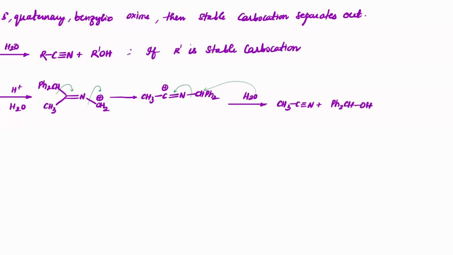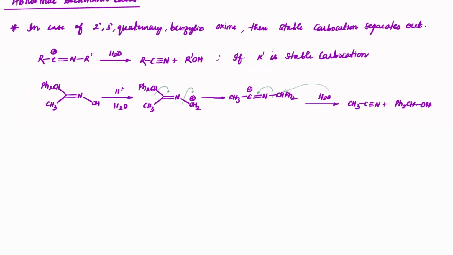This is the connection you will get. Of course, you can make it a separate carbocation and then write down the water content. Clear? So instead of showing it this way, we can expect that the bond will break here, cyanide will form, and this group will separate out as a carbocation. I hope this part is clear.